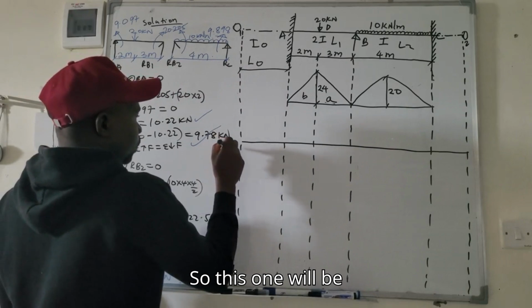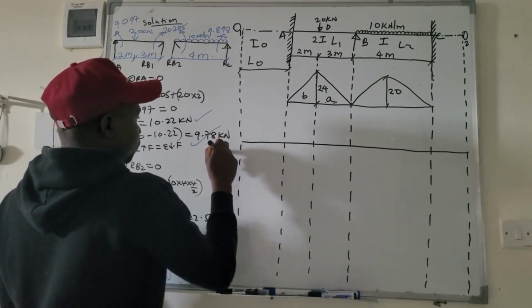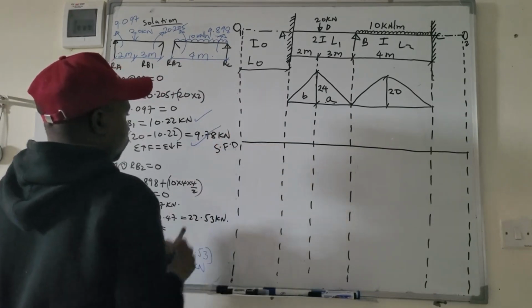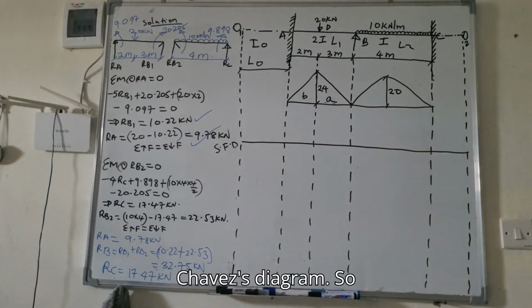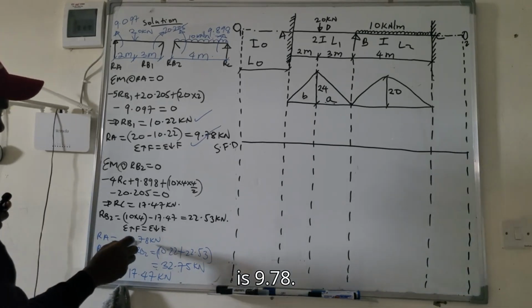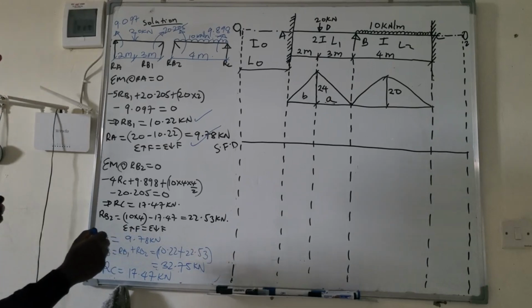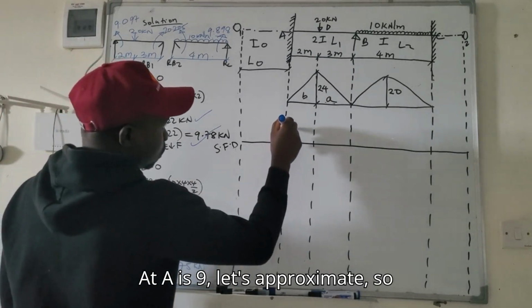So this one will be the shear force diagram. At A, the value is 9.78, let's approximate.